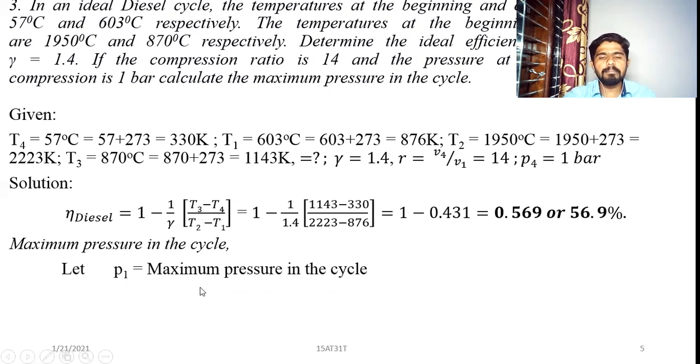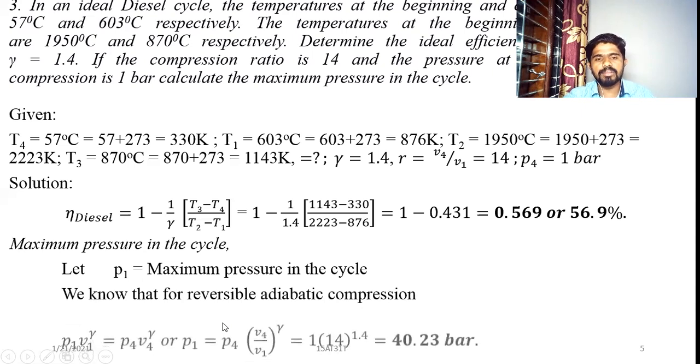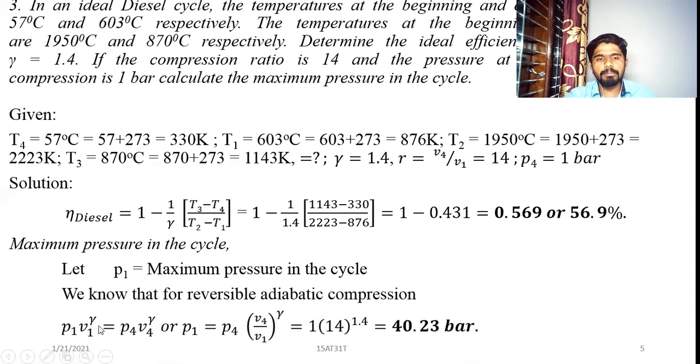Okay. So now you have to calculate the maximum pressure in the cycle. Let P1 be the maximum pressure in the cycle. You know that P4 is equal to 1 bar, the pressure at the beginning of the compression. So P1 is the maximum pressure in the cycle. We know that for reversible adiabatic compression, P1 V1 to the power gamma is equal to P4 V4 to the power gamma, or P1 is equal to P4 into (V4 by V1) to the power gamma. We know the value of P4, which is 1 bar.